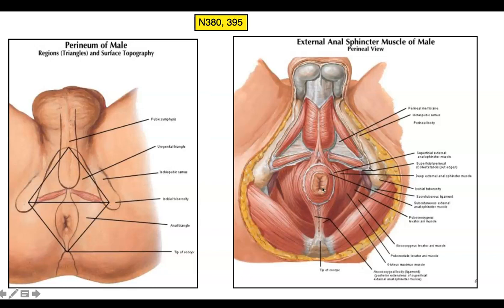And this space on each side of the anal orifice, in between the anal orifice and ischial tuberosities, we call the ischio-anal fossa. This ischio-anal fossa is bounded by muscles. It has the pelvic diaphragm muscle, which forms its medial wall, and laterally the obturator internus muscle that forms the lateral wall of the ischio-anal fossa.